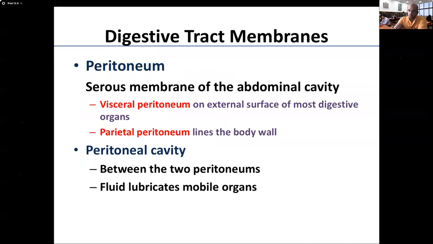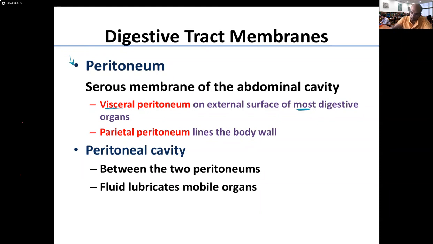All right. So moving on to the membranes of the gastrointestinal tract. So we're looking here at a serous membrane that is going to be formed of two layers, like what we are used to. Around the heart, we've seen the pericardium. Around the lungs, we've seen the pleura. Here, we've got a different serous membrane that also has two layers. It's the peritoneum. It has a visceral layer that will be covering the external surface of most of the digestive organs.